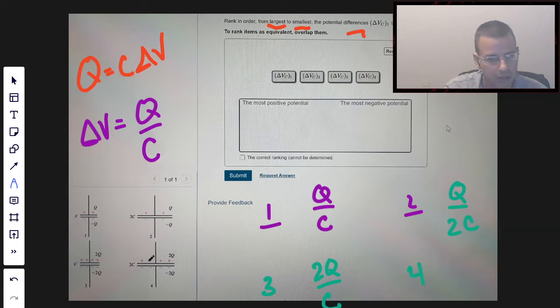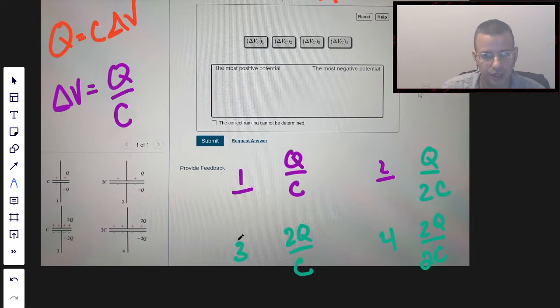And then 4 is going to be 2Q over 2C. So these are all going to be voltages, and this is going to be V, specifically V1.